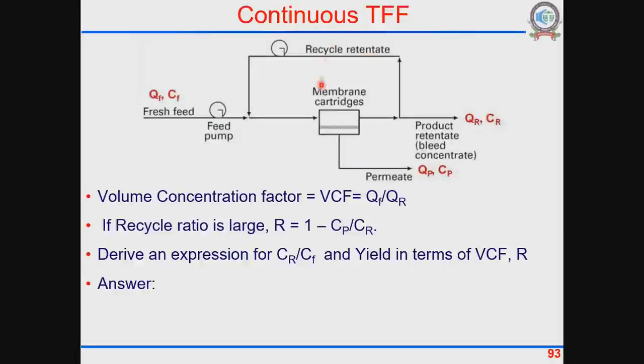Okay, in a continuous tangential flow filtration, you have a feed coming in all the time. There's a membrane module, permeate comes out, reject comes out, and just to maintain high velocities in the membrane module, to take care of the turbulence and the concentration polarization, we recycle a lot of the retentate back into the feed side. Okay.